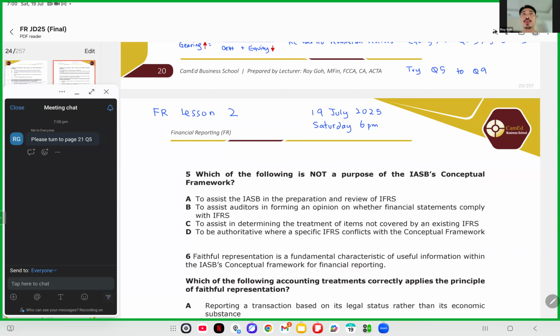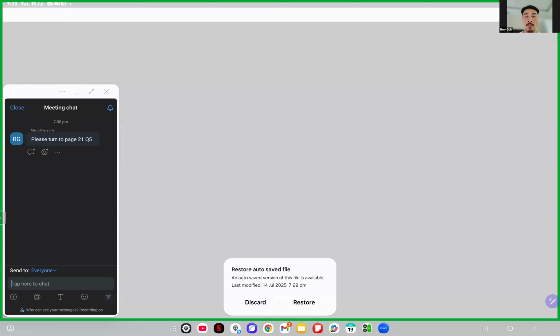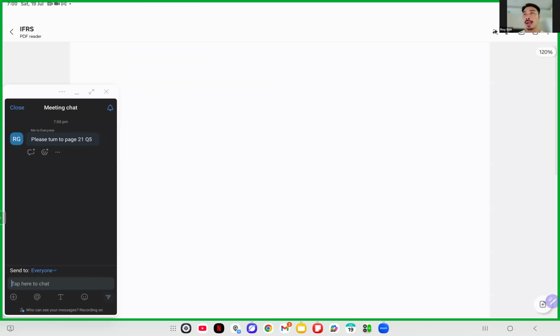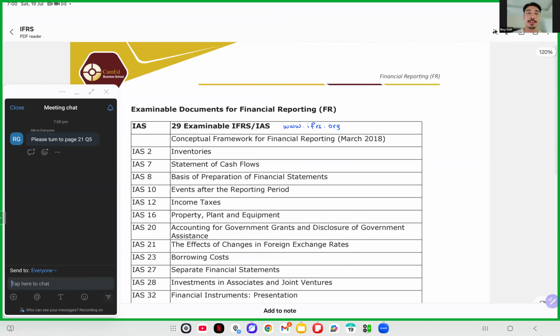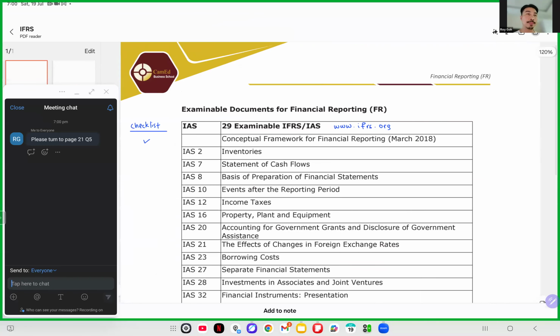Welcome to lesson 2. On the first lesson, just a quick refresher, we went on to learn your framework. On the framework, there were 7 chapters. In the first chapter, we learned what the objectives of the framework are.